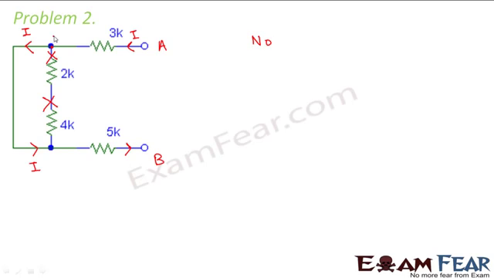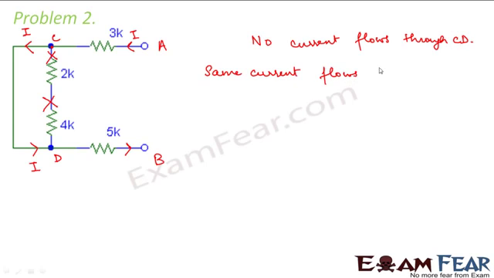From here we can see that, let us call this CD, no current flows through CD, and we also see that the same current flows through 3K and 5K.